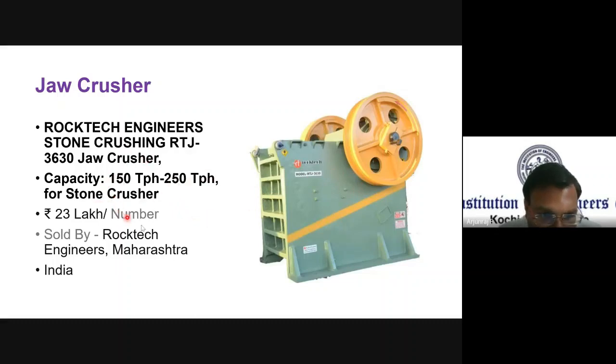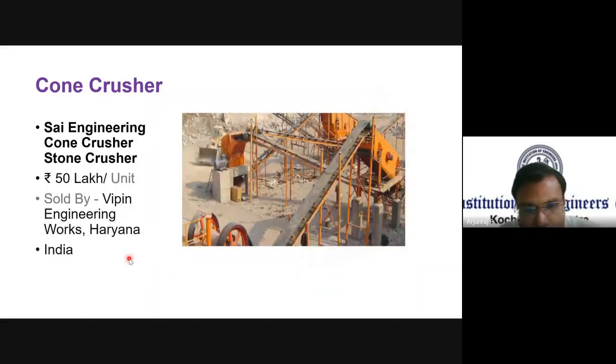So that's why you need to select the machines considering the cost as well as the requirements, whether it is fulfilling your requirement or not. I'm not saying which is best or that is best, but you need to select according to your requirement and application. And you have a company called Sai Engineering Compressor from Haryana. The cost is going to be 50 lakhs per unit.